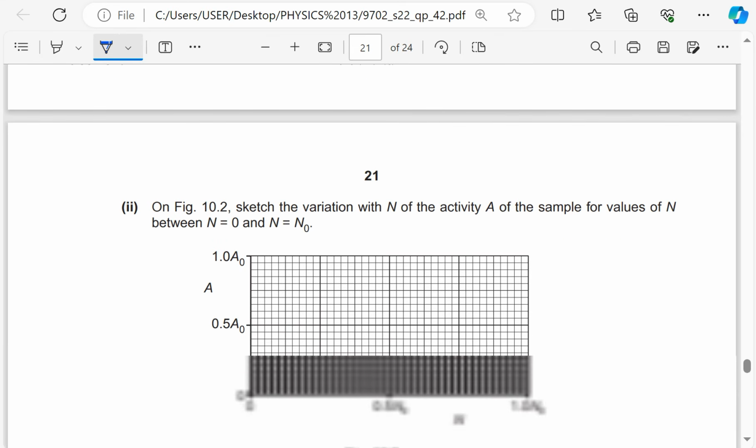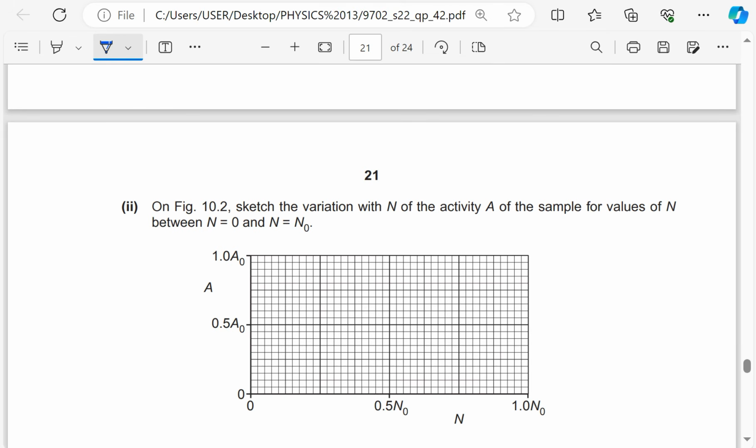Then on figure 10.2, sketch the variation with N of the activity A of the sample for values of N between N equals 0 and N equals N naught. Remember, activity is equal to lambda times N. So activity is directly proportional to N, which is going to be a straight line through the origin.